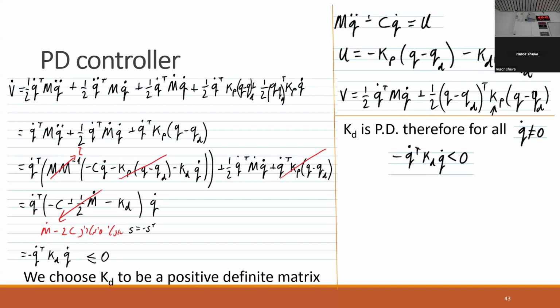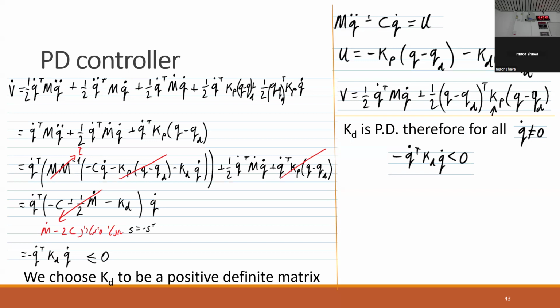Also, the inertia matrix M depends on q, and q depends on time. Therefore, I need to take the derivative of M with respect to time. So I have q dot transpose M dot q dot as well. And these three terms are the derivative with respect to time of the first term of V.